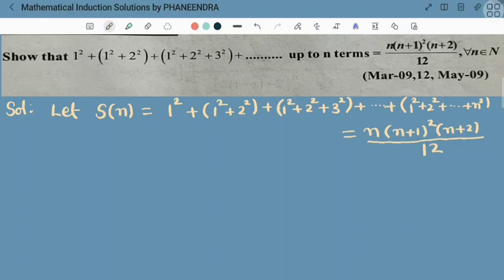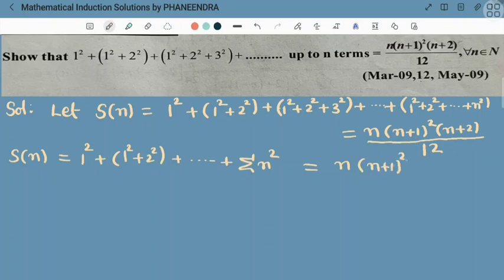What is that nth term? 1 square plus 2 square plus and so on n square, the sum of the squares of the first n terms. So S of n, once again I am writing 1 square plus 2 square plus and so on, can be written as sigma n square now, dear students, which is equal to n into (n plus 1) whole square into (n plus 2) divided by 12.